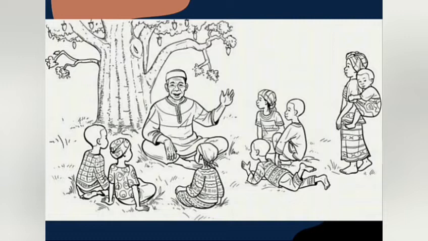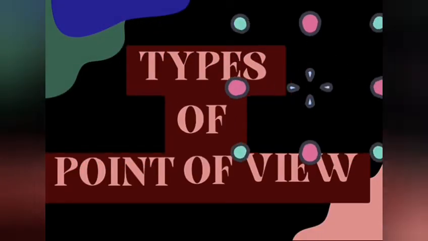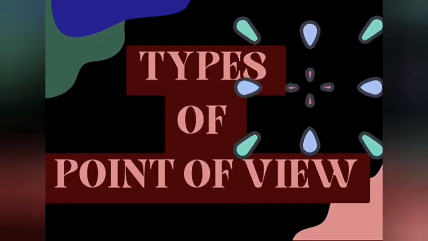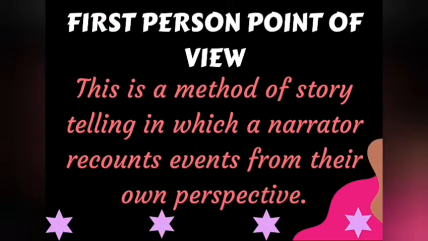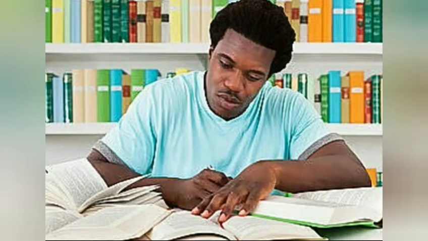Alright? Now, let's consider the different types of points of view. First, we have first person point of view. In this method of storytelling, the narrator is involved. He is a part of the story. His experiences are limited.